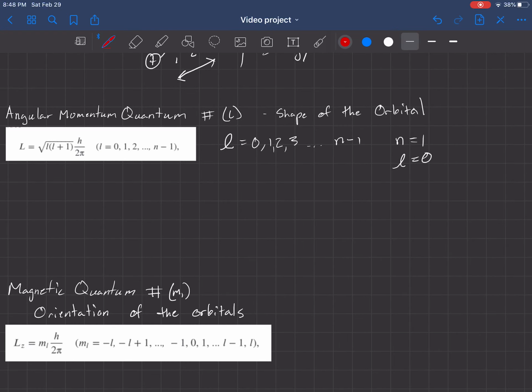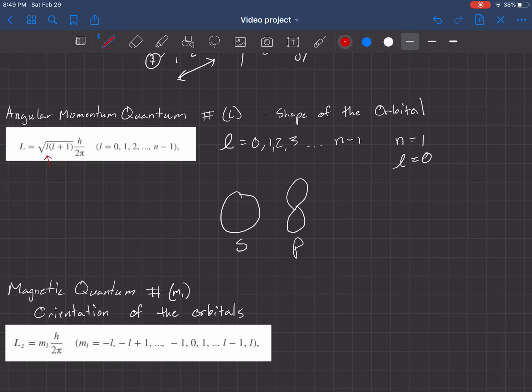So with L, we know the shape. If we're looking at a sphere, then we're looking at an s, and like I said, a p orbital is like a dumbbell and so forth. We're going to just work with these simple ones for now as we move forward. Now, a couple of things to note.